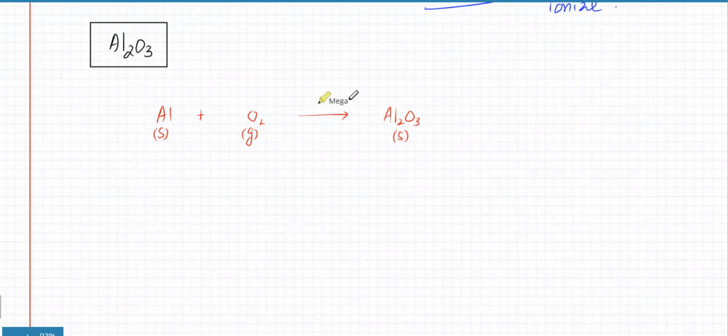Now, in enthalpy of formation, 1 mole of a substance should be formed. So that means there would be 2 Als and 3 by 2 oxygens, right? Because it's 1.5 oxygens. Is this clear? Yes, sir.